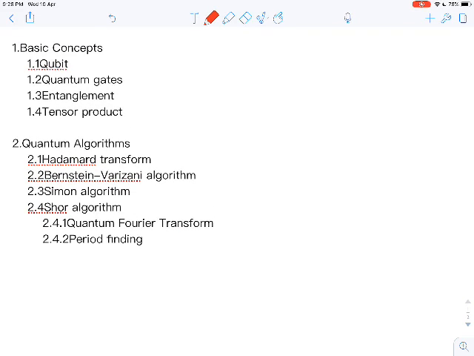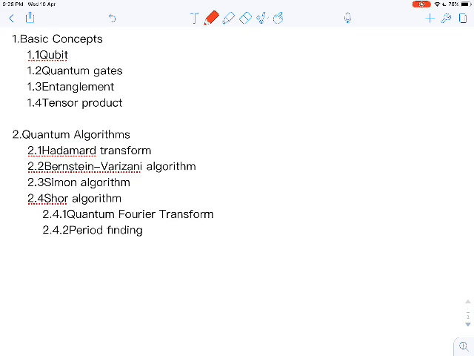And now let's first look at qubit. What is a qubit?